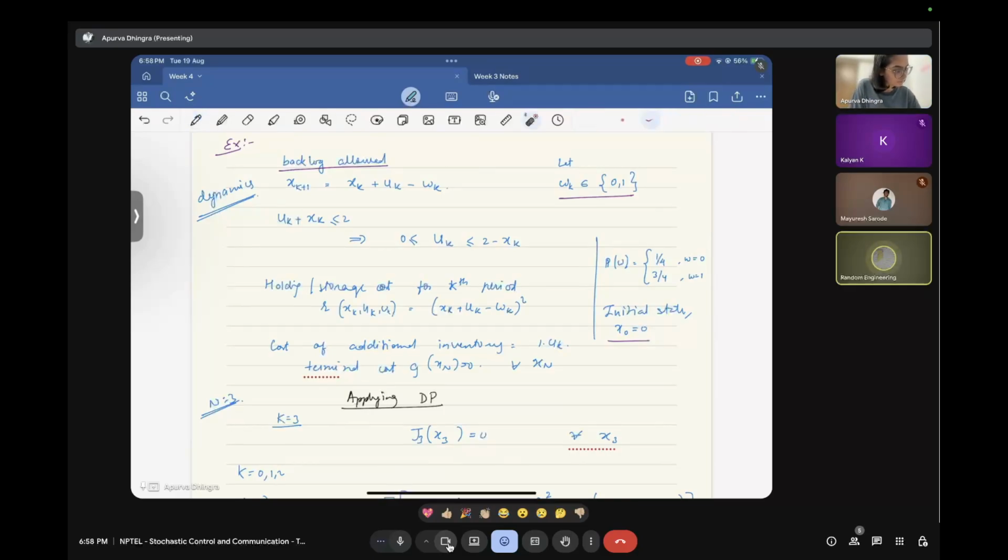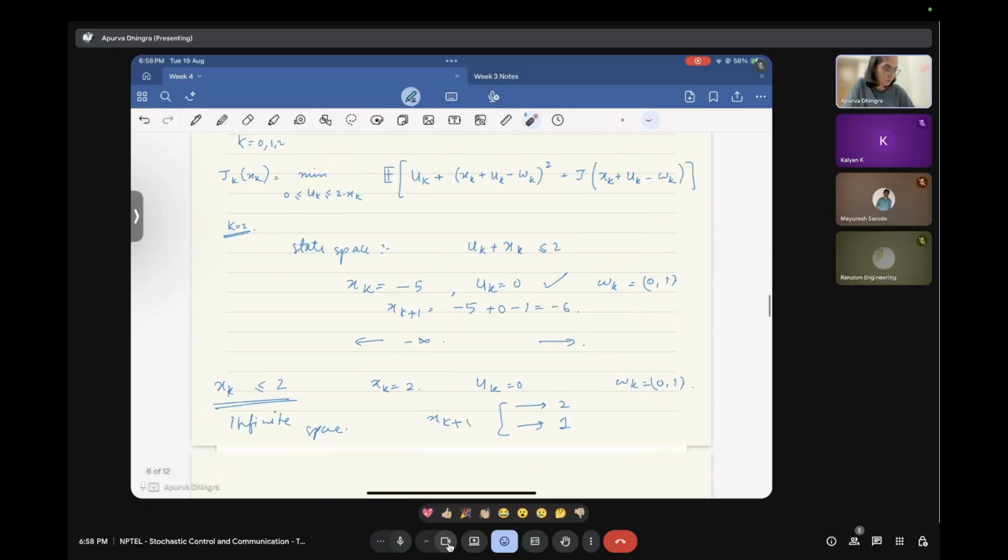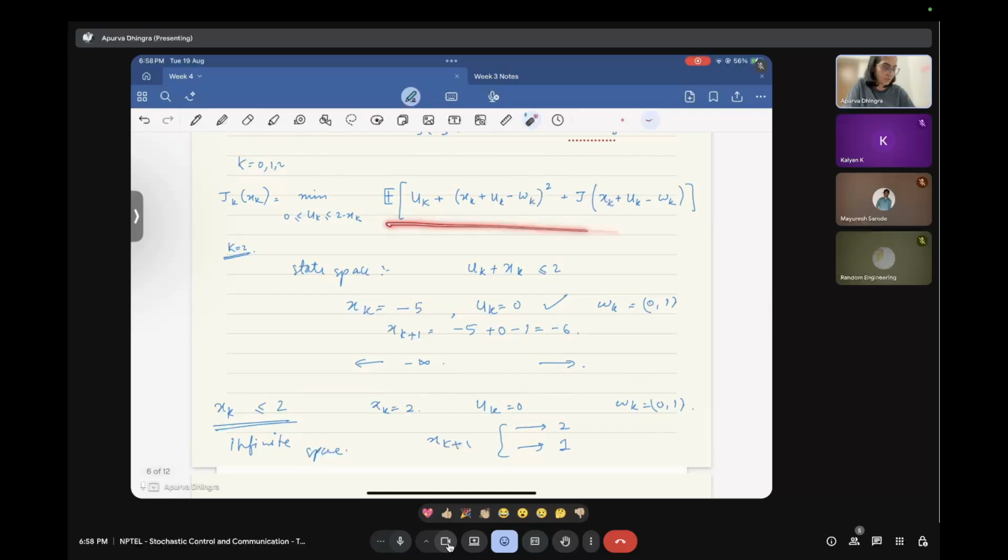Is this argument valid for omega k also? If omega k also has infinite possibilities, like 0 to infinity, you'd basically not be able to compute this. Actually, yes.